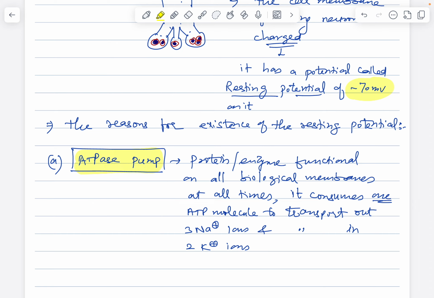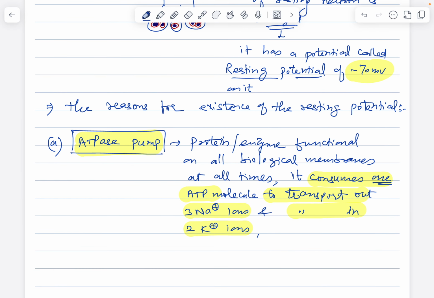ATPase pump consumes 1 ATP to transport out how many sodium ions? 3, and transport in how many potassium ions? 2, creating excess sodium buildup in the ECF, extracellular fluid.